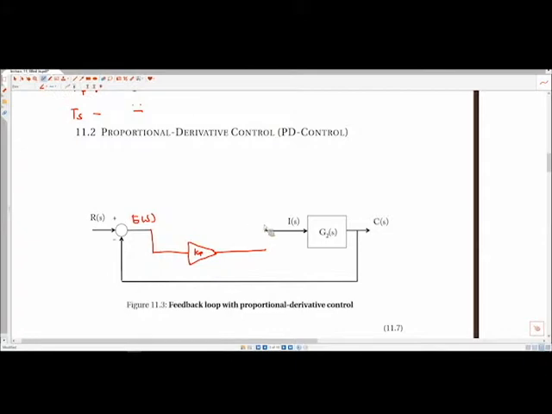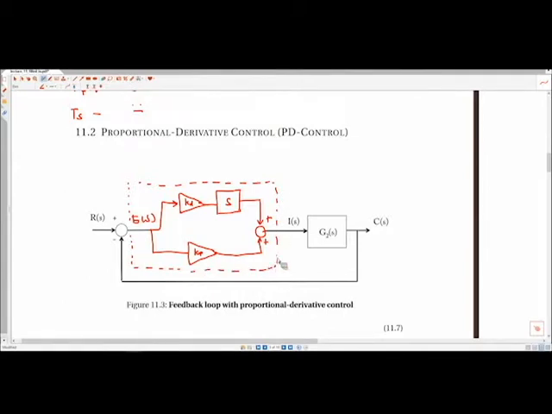So instead of this feeding directly into the current running to the system, we're going to add the influence of the proportional gain times a derivative gain, and a derivative in the frequency domain is just multiplying by S. Now this complete system is going to be my new controller, or what we call the transfer function G1 of S.